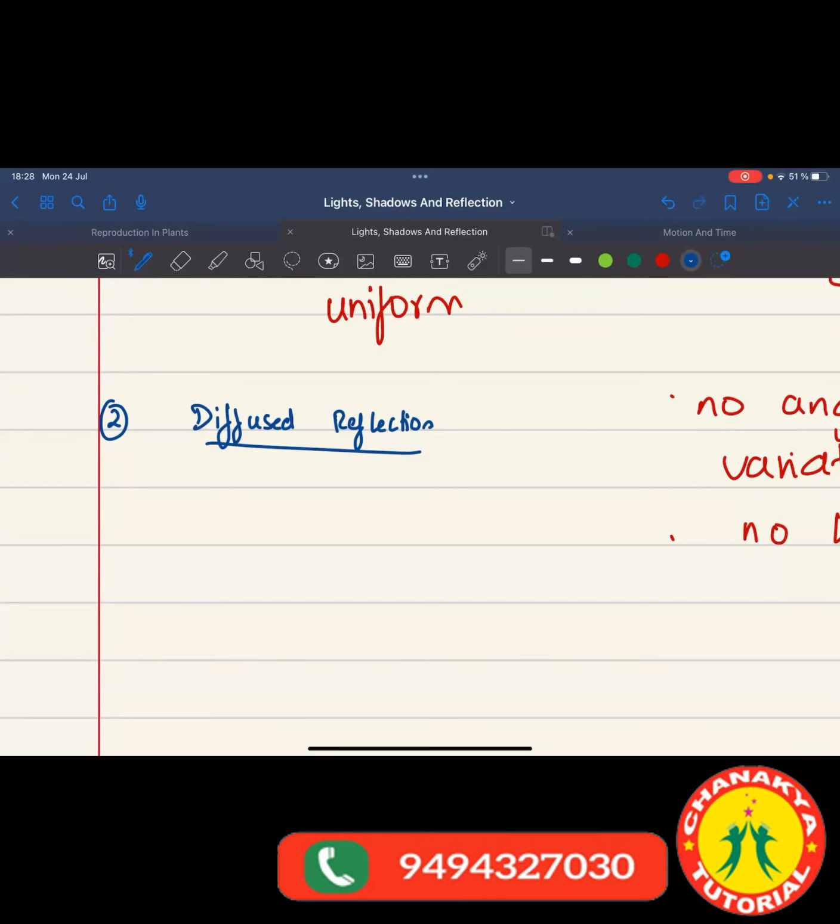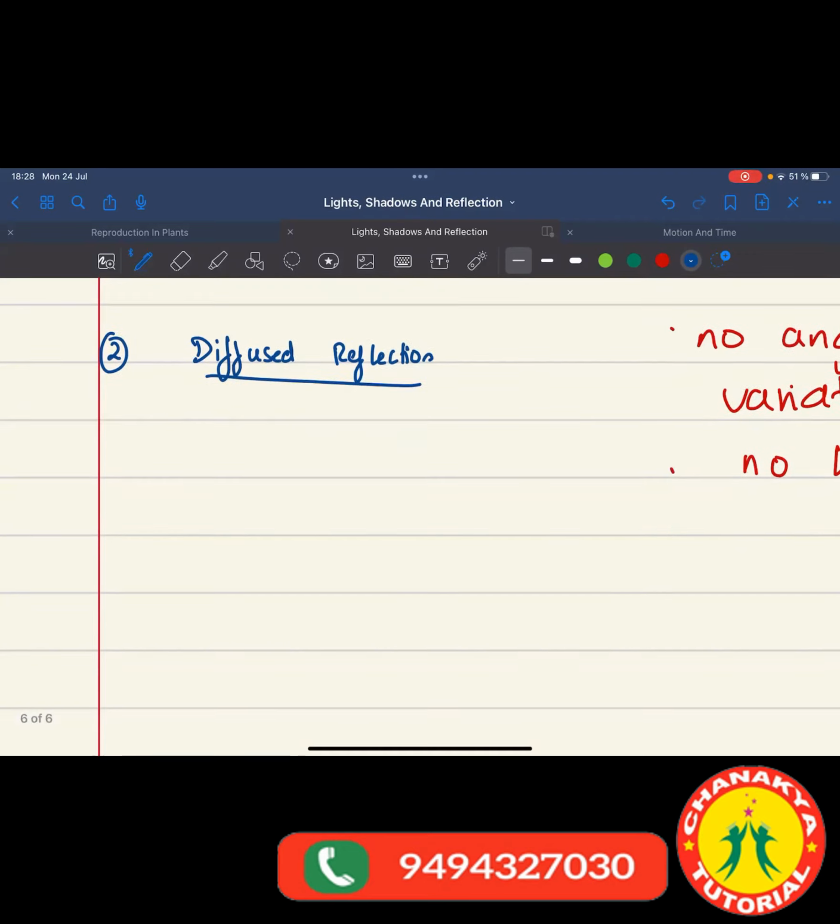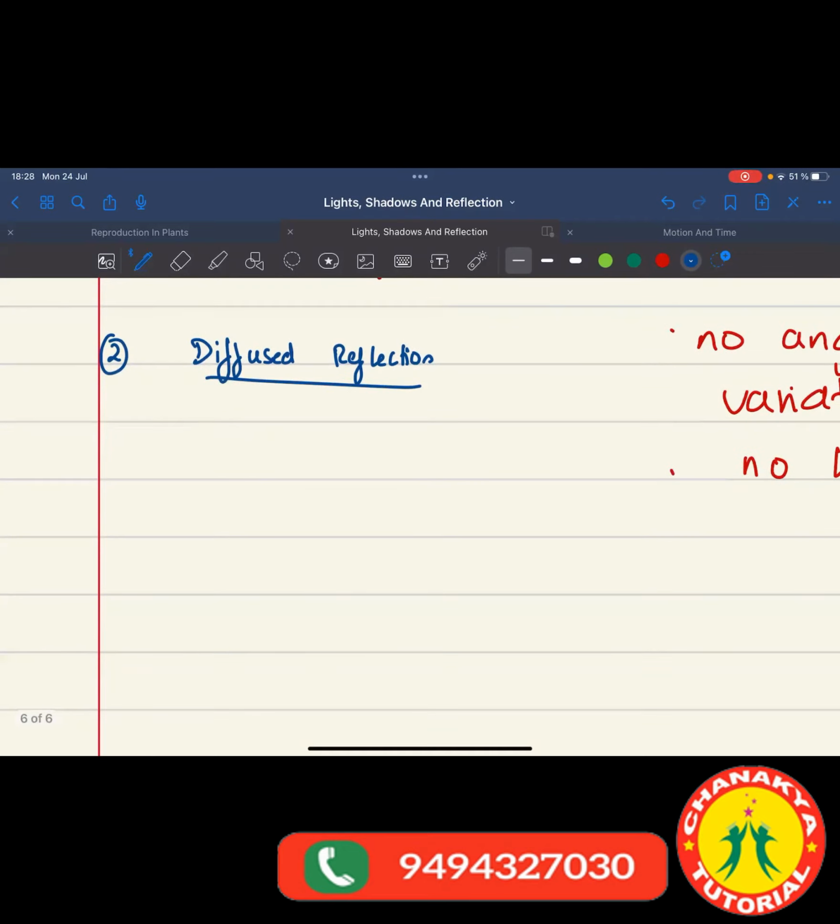Sometimes even the material of which the surface is made might not be good material. All this will lead to the loss of brightness and the quality of reflection. In the case of such a rough surface, what will happen? The angle of reflection, when compared between two points, is completely offset.